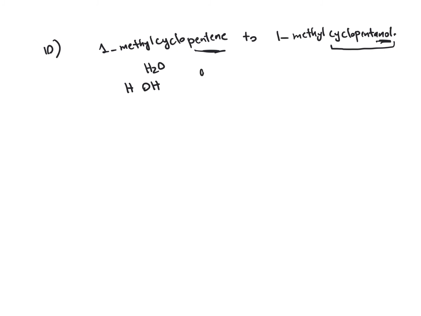And we should have an acid in order to convert alkenes to alcohols. So we should have water and sulfuric acid.